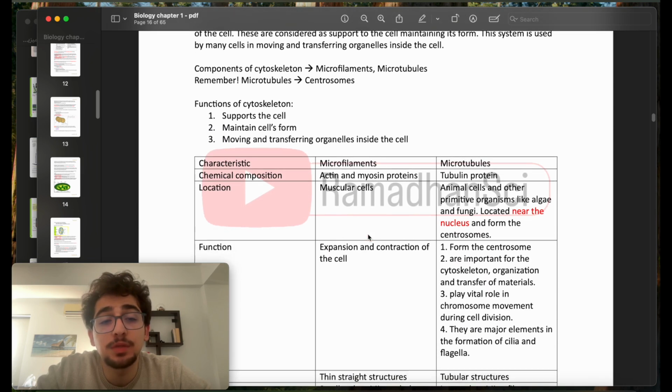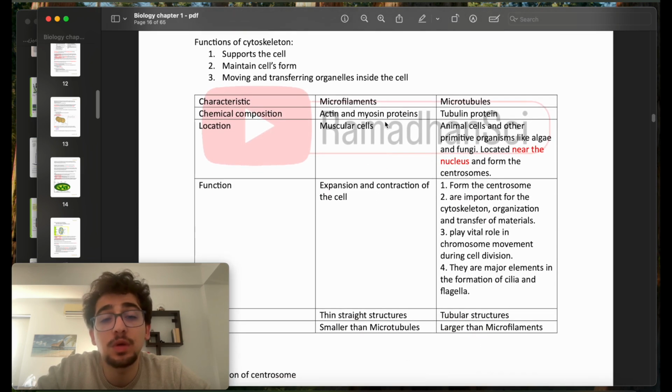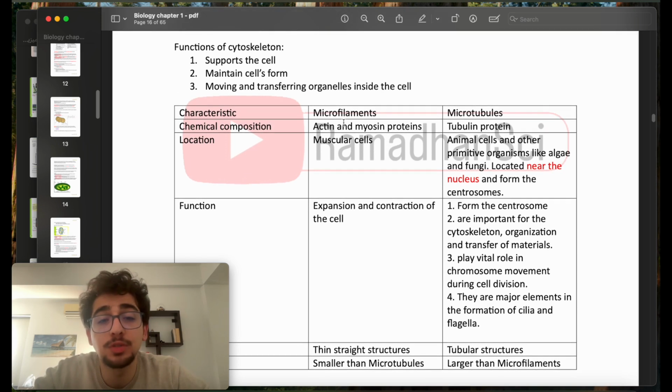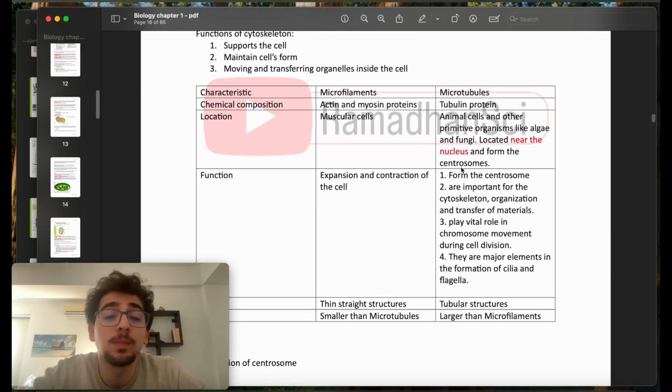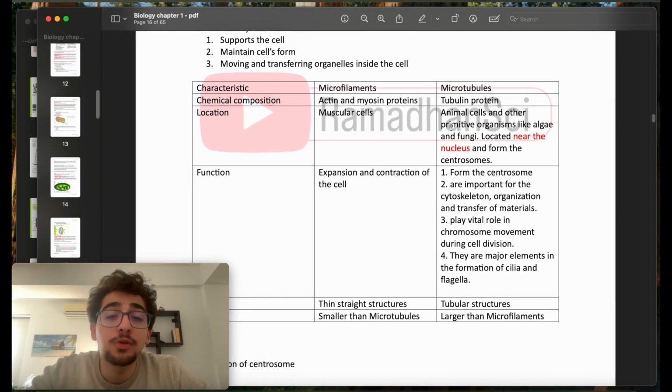The cytoskeleton. So the cytoskeleton, only two components are mentioned, the microfilaments and microtubules. You can have them as a comparison question. Microtubules are made up of tubulin proteins, and the microfilaments are made up of actin myosin proteins.